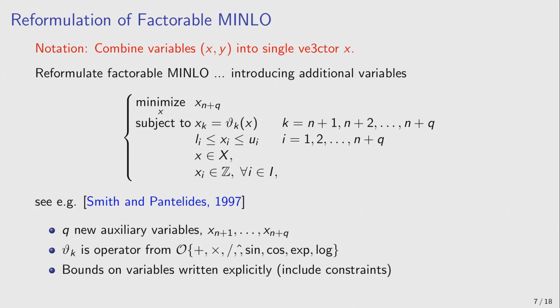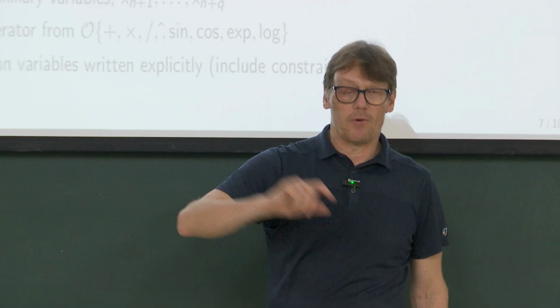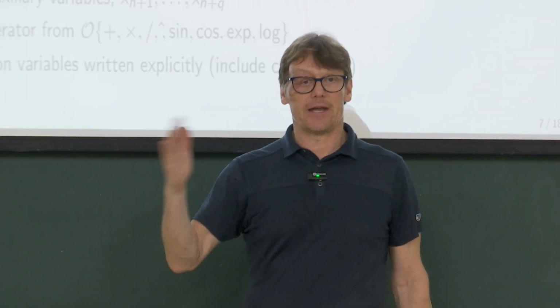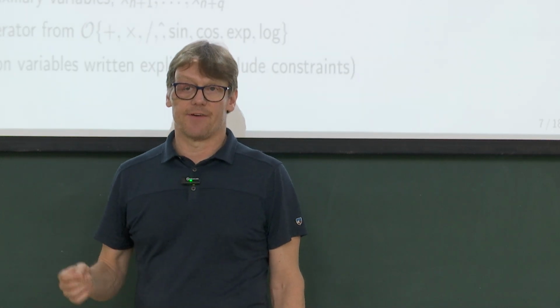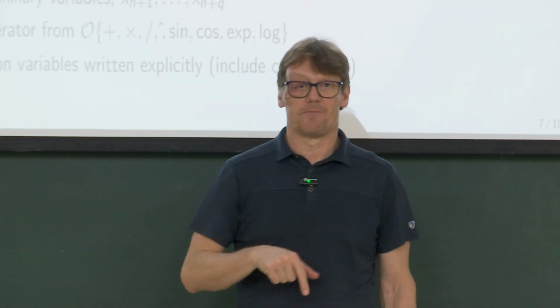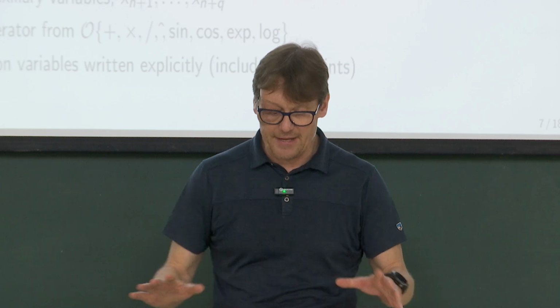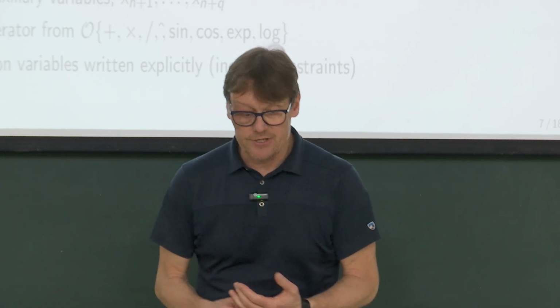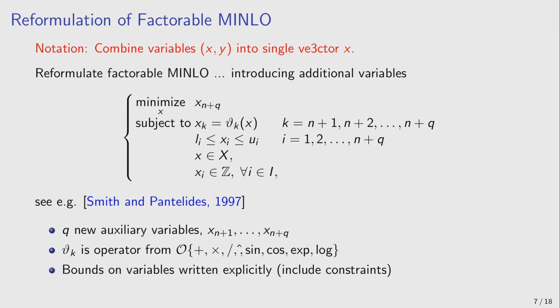So to make this a little bit easier, I'm going to combine all my variables x and y just into a single x. So from now on, it's just going to be variables x. We're not going to separate out the integer variables, just because as far as this tree is concerned, it's much easier if you think of one vector of variables rather than carrying around the two. And so what I'm going to do is introduce additional variables for each of the intermediate components in my directed acyclic graph that I'm computing.